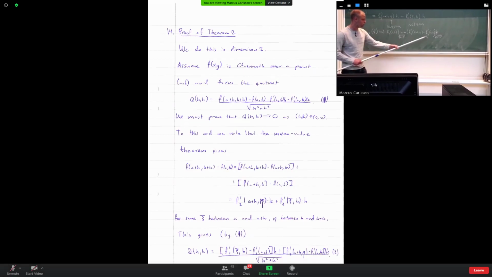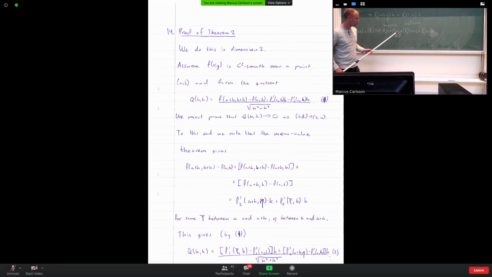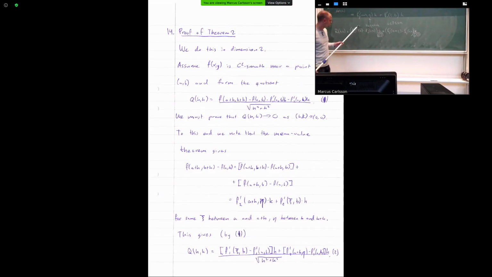When h and k go to 0, these numbers are less than or equal to 1. Whereas in this parenthesis, I have the first partial derivative evaluated at two points which are very near. So when h and k go to 0, this point converges to that point. So this difference goes to 0. Why? Because that's what continuous functions do.